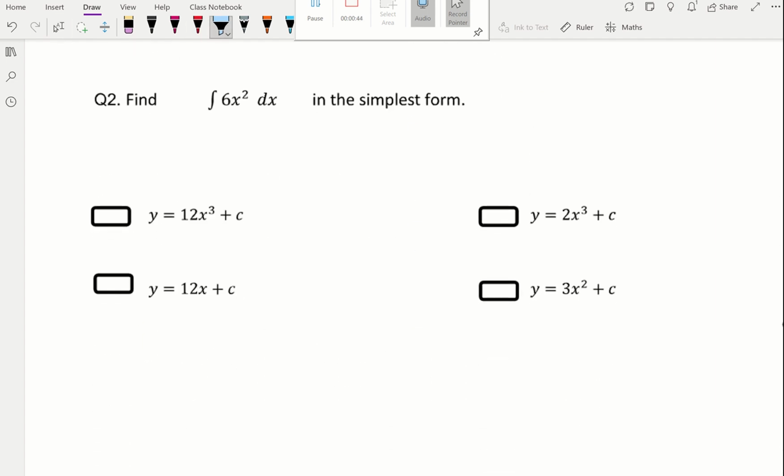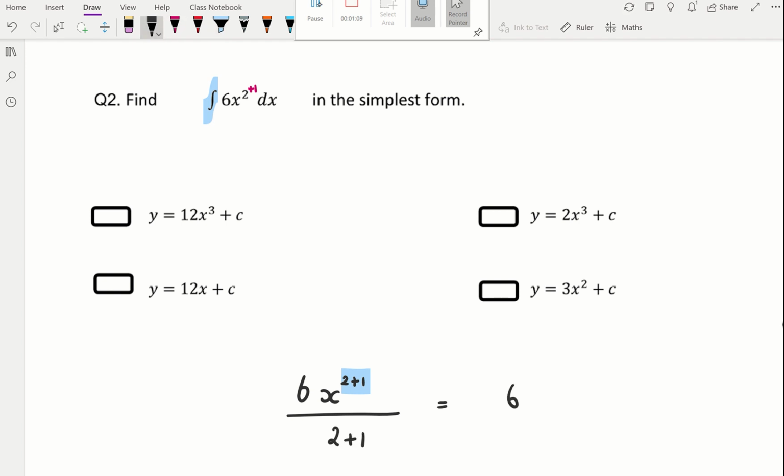And question 2 says, integrate, find the integral of 6x squared in its simplest form. So when you're integrating, you add 1 to the power. So you have 6x to the power of 2 plus 1, and you divide by that new power. So 2 plus 1 again.